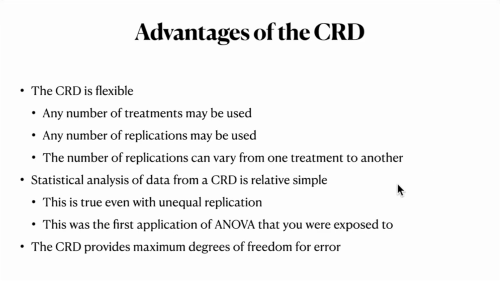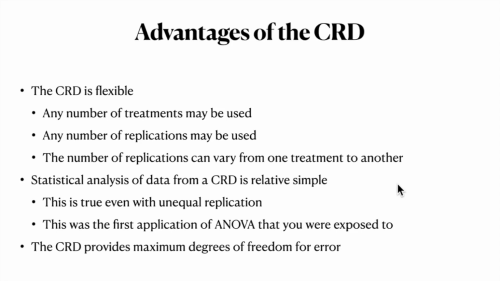In addition, the statistical analysis of data from a completely randomized design is relatively straightforward and simple. As you saw in your first methods class, you were able to do that by hand, and so that would indicate that it's not too terribly computationally intensive and it's fairly straightforward to do. Different designs are going to have more complicated analysis procedures, and in many cases we won't want to do those by hand, all right?